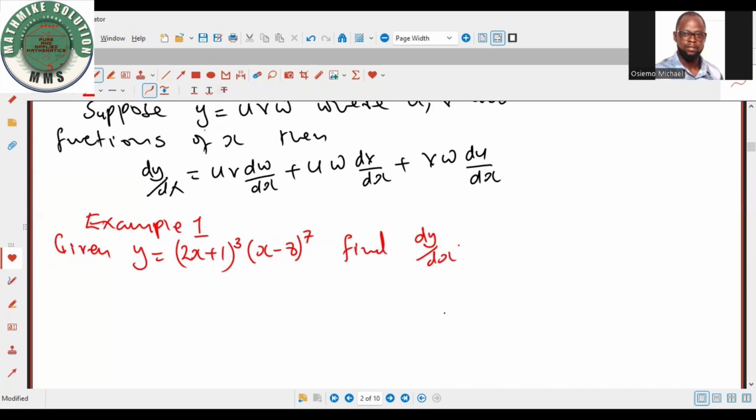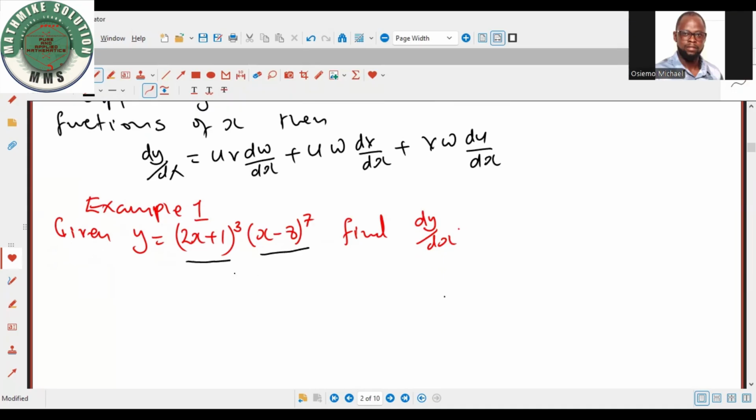So how do we go about this kind of question? It is very vivid to see that this y is a product of two functions. There's this function here, and there's also this other function. We apply a product rule when we have a product of two functions. So solution.